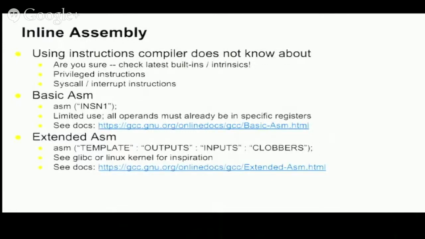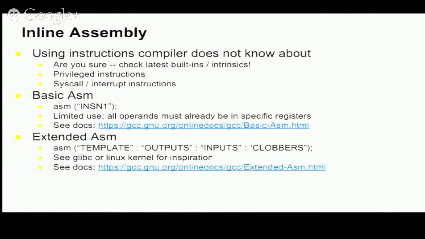Yeah. So GCC supports two flavors: basic Asm, which I didn't know about until this presentation, and extended Asm. Extended Asm is what is used by the Linux kernel, by glibc, and by most other projects that have inline assembly in them. For basic Asm, we will touch only on this slide.